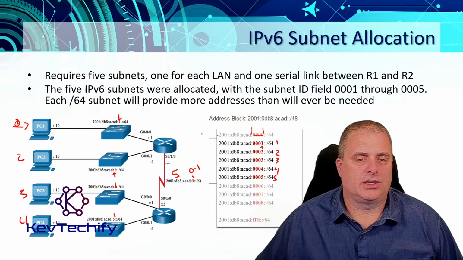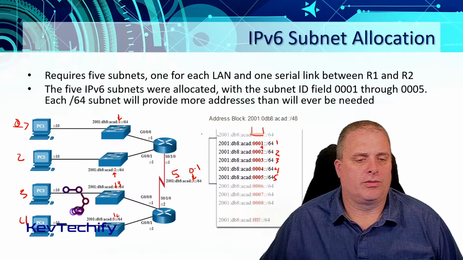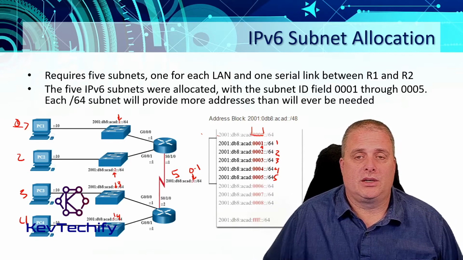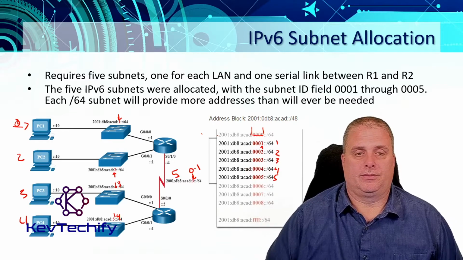I would probably assign 0 to this one, and then this would be subnetwork 1, 2, 3, and 4. In my mind, that makes a little bit more sense than what the example has here. But however you do it, however it works for your company, that's the correct way of doing it.